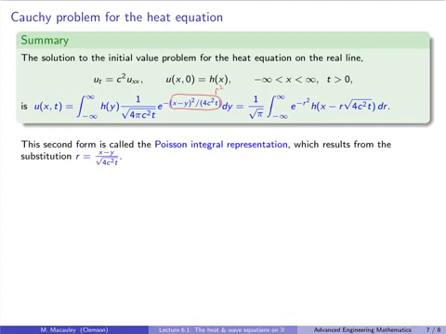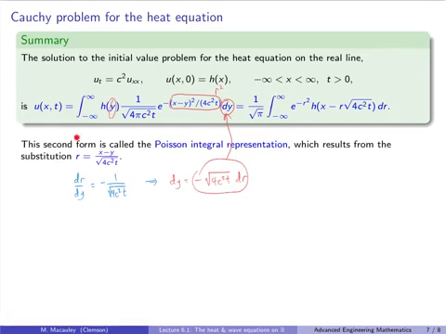And if we do that, then the derivative dr/dy equals negative 1 over root 4c²t, since x is just a constant. And so we get that dy equals negative root 4c²t dr. So we're going to plug that in for dy.